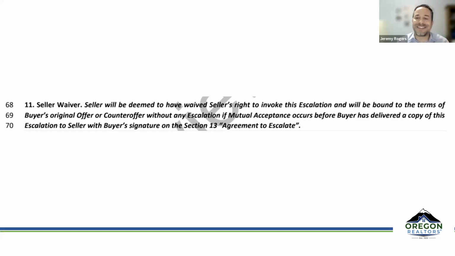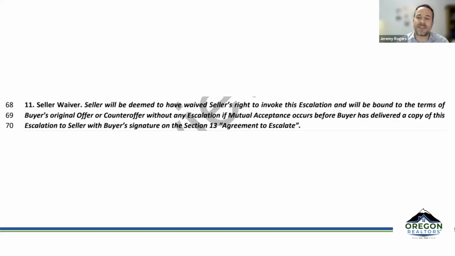Okay, so it's really important the seller does not just agree to the buyer's underlying offer, because the buyer's underlying offer exists, and then this escalation clause is modifying that offer. If the seller just were to sign that original offer before they had gone through the process of getting agreement on the escalation addendum, the seller would just be agreeing to the original terms. Okay, so seller just needs to be careful with that.